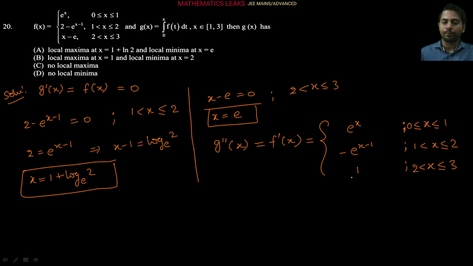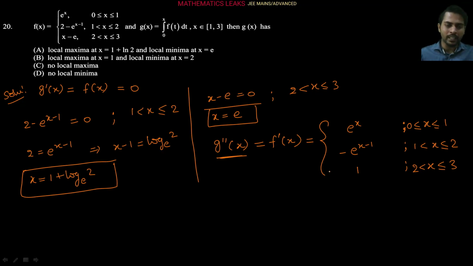So you can see in the interval 1 open to 2 closed, we get minus e to the power x minus 1. Always this quantity is exponential, so it is positive. Exponential is always positive, but this negative sign will make this quantity always negative. So in this entire interval, the second derivative of g is negative, and g dash x at 1 plus log base e of 2 is 0.